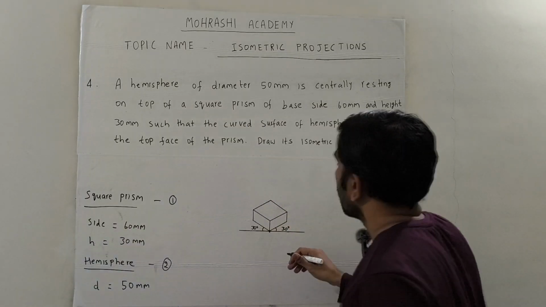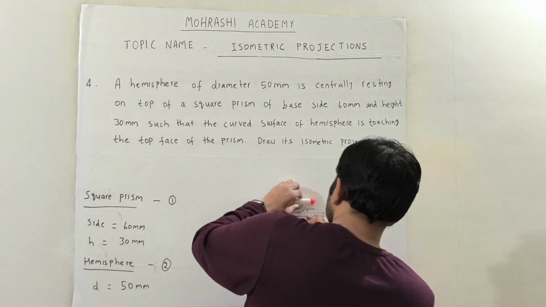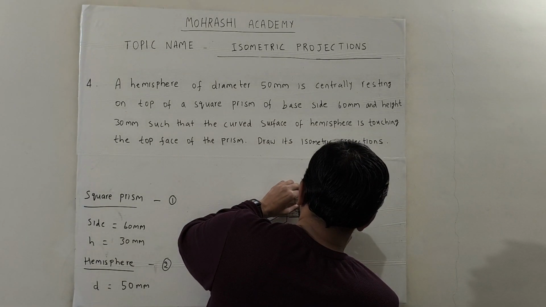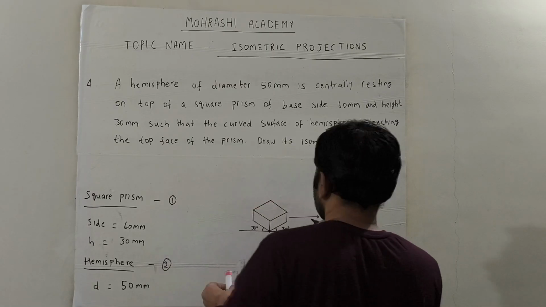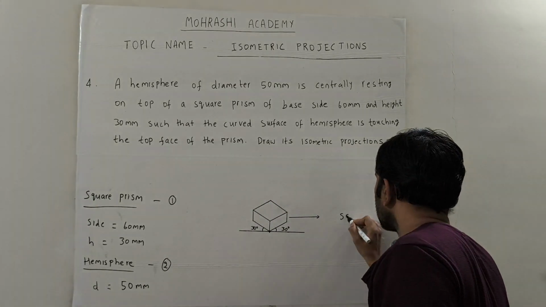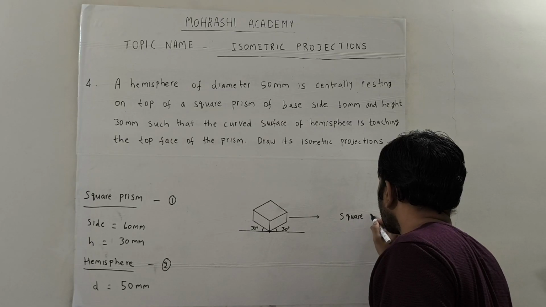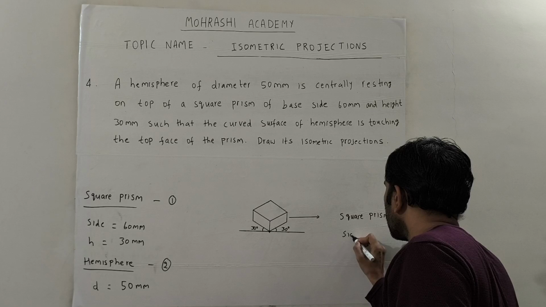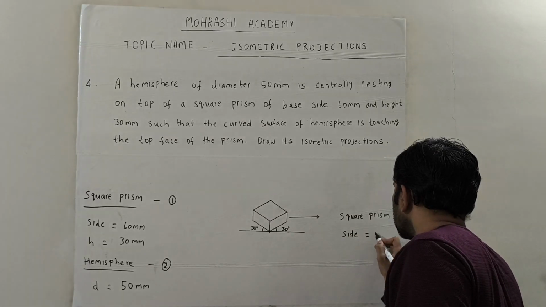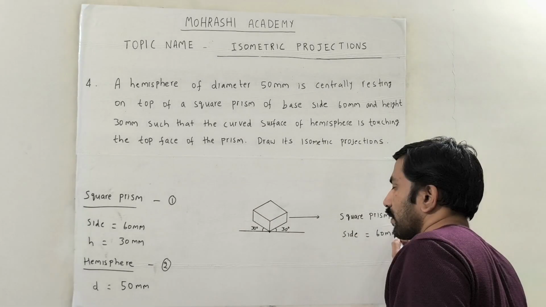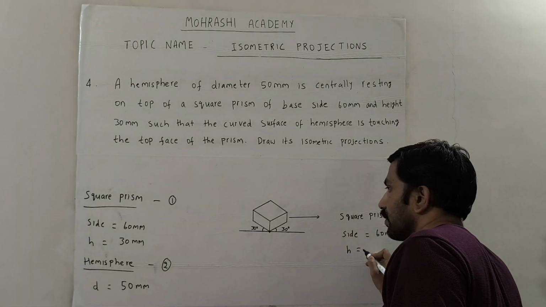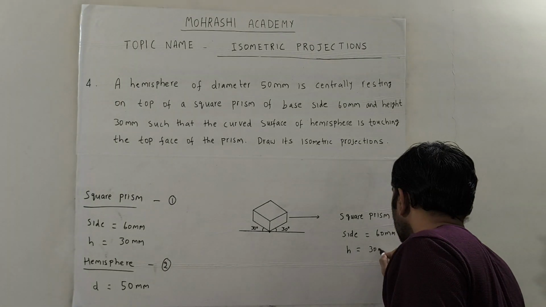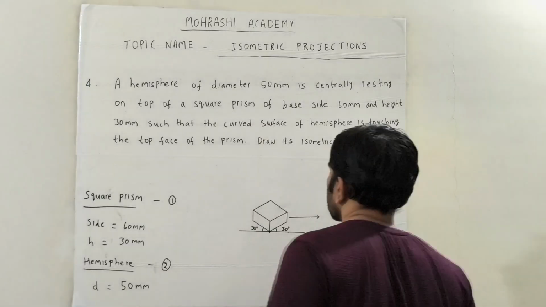Again 30 degree. See, this is the square prism of side 60 mm and height 30 mm.